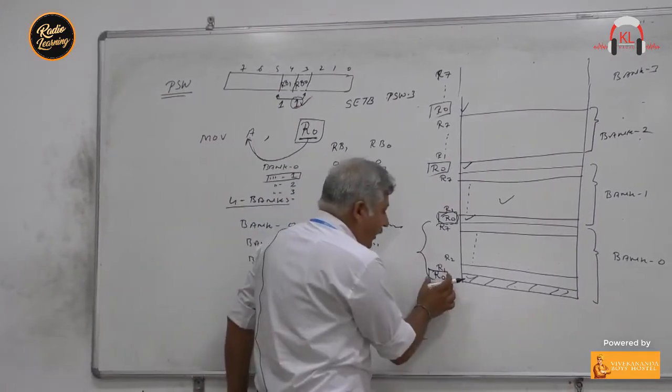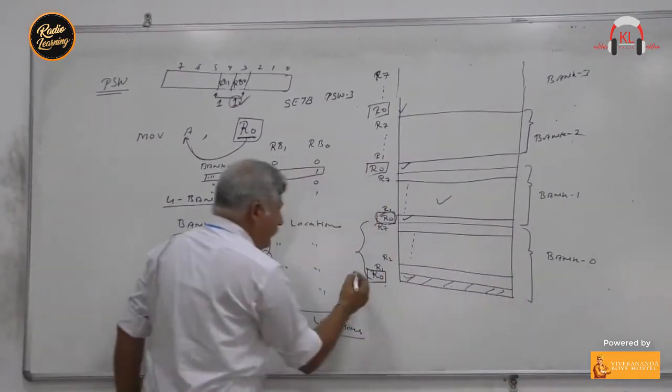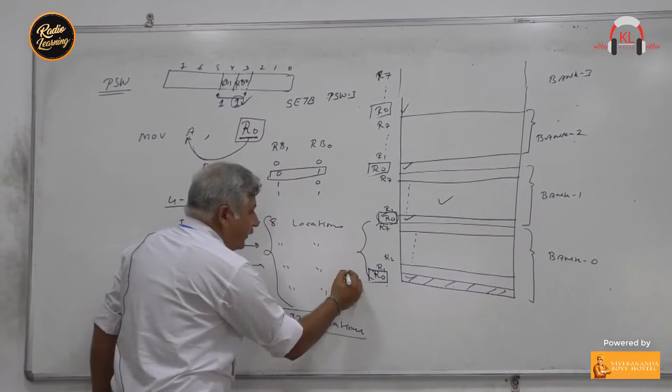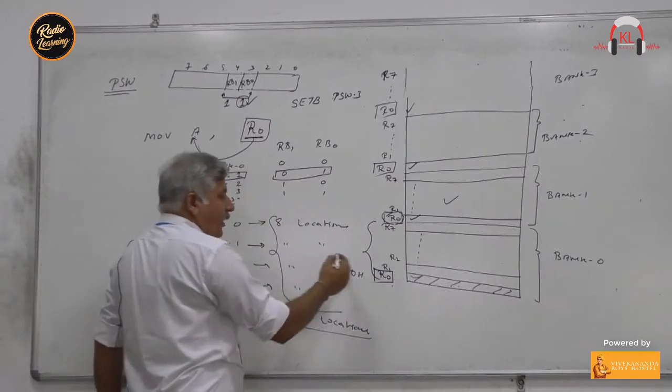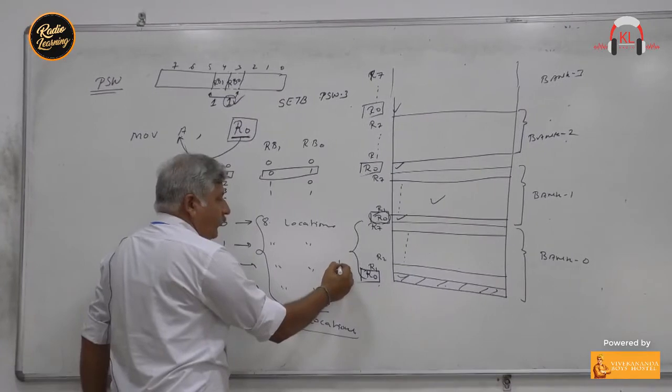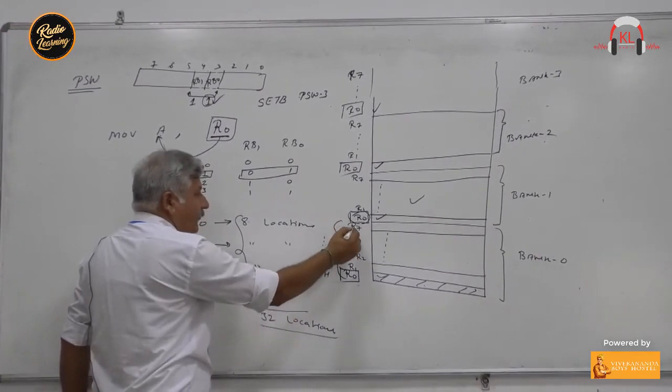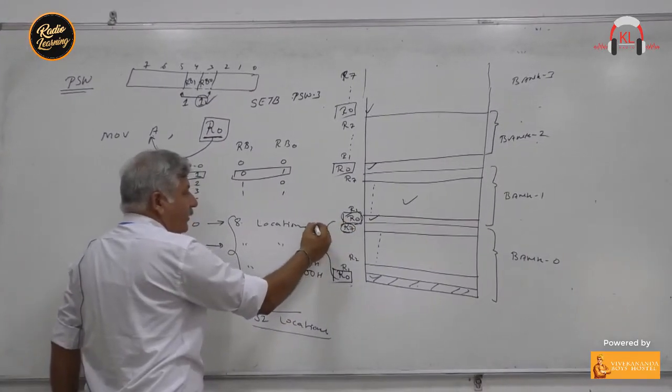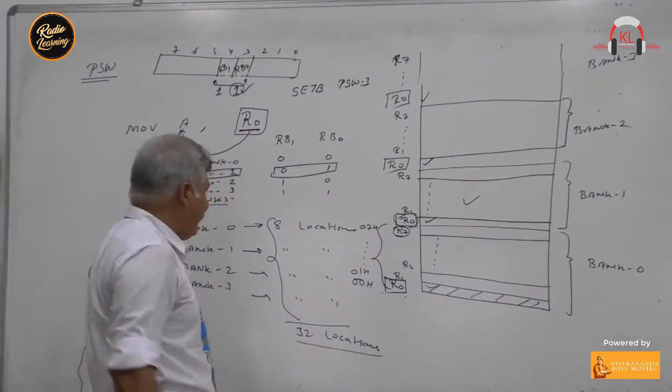For example, R0 of bank number 0 has the address 00H. R1 has 01H. Like this, the 7th register, R7, will have the address 07H, right?